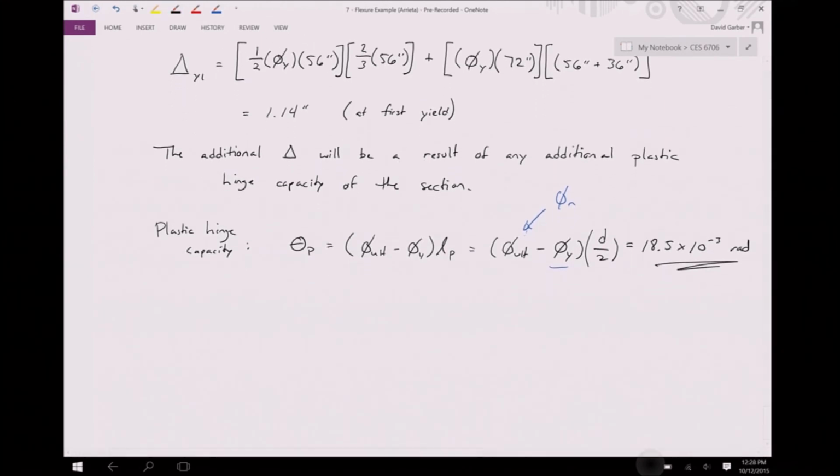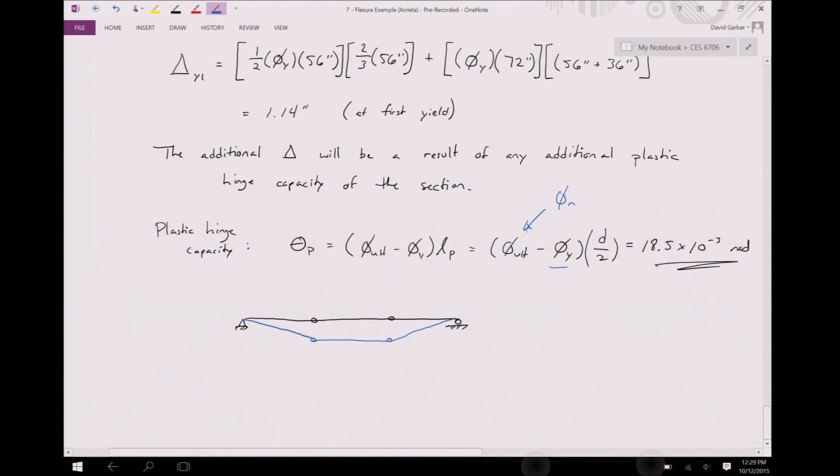Alright, so using this we can find our additional deflections. For this we'll need to do a kinematic displacement diagram. At first yield we'll assume there's yielding at both of the point loads. And what this is going to do is make our structure deform like this.